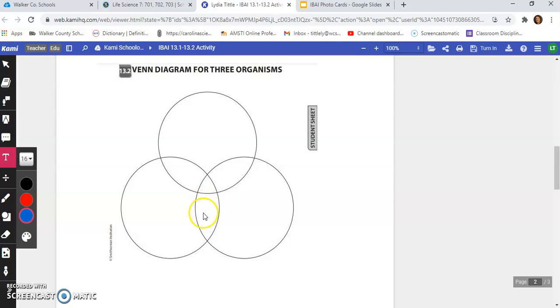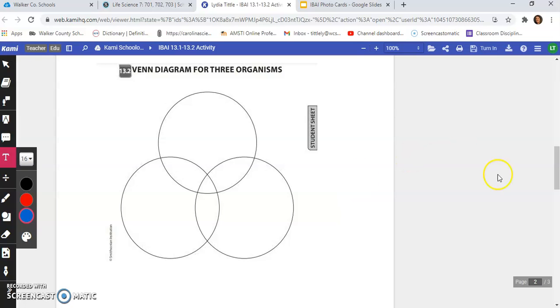And then right here, you're going to compare this organism to this organism. And in this small little tiny area right here, you're going to find one thing that they all have in common. And you'll have to type it really small, or if you don't feel like you have enough room, take your drawing tool and draw a line out from that little area, and you can write your answer out here to the side if you would like to.